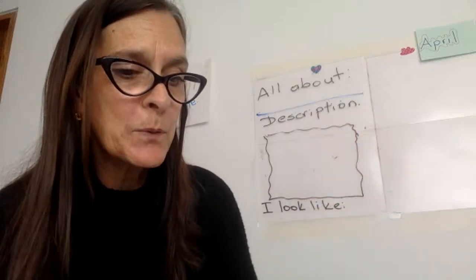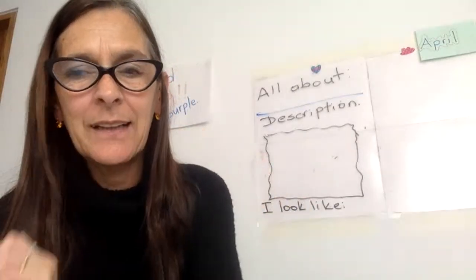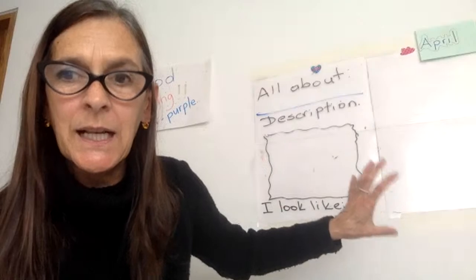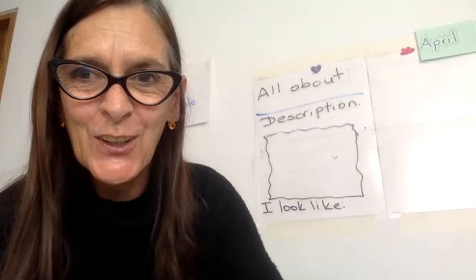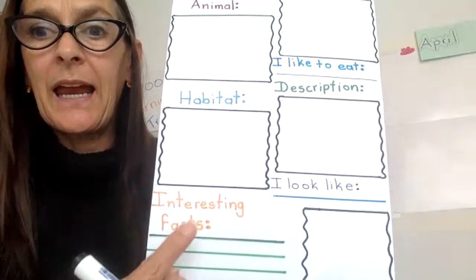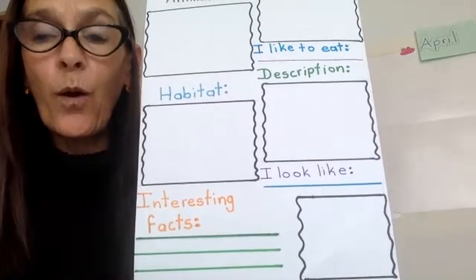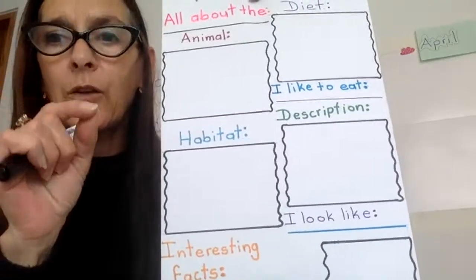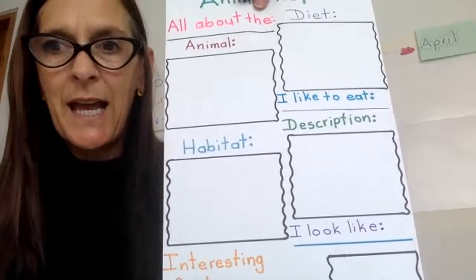That's the description. But here comes what you learned in the last class, because most of the animals have special senses. So the last part that we are going to do is interesting facts. What we just did on Monday, that you wrote about an animal and the specific sense that they have.